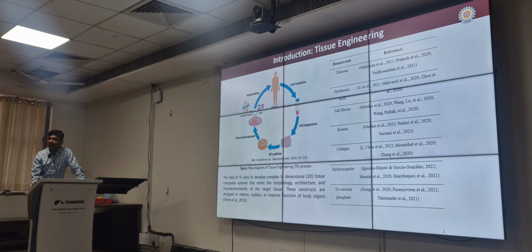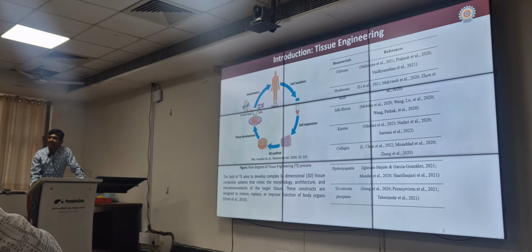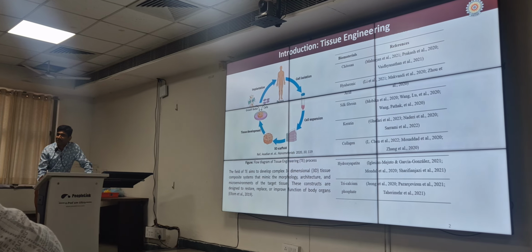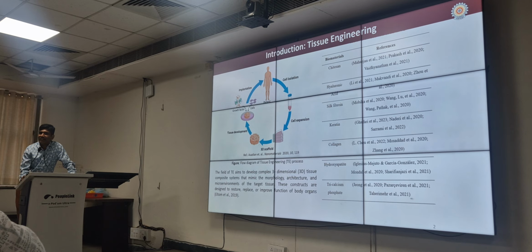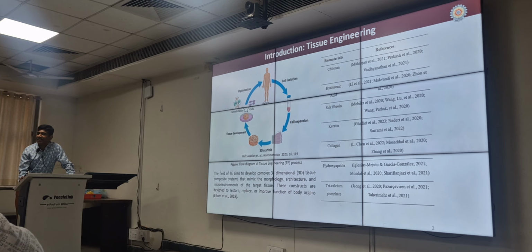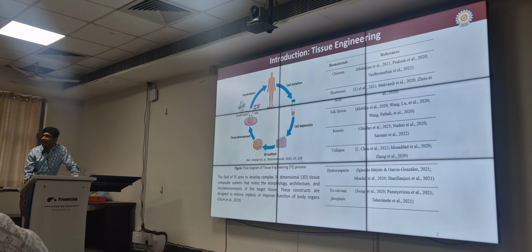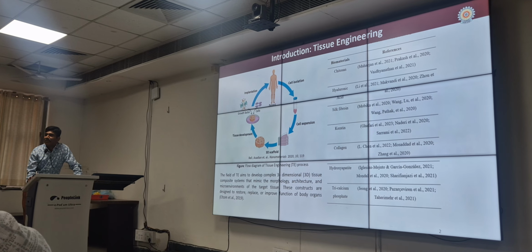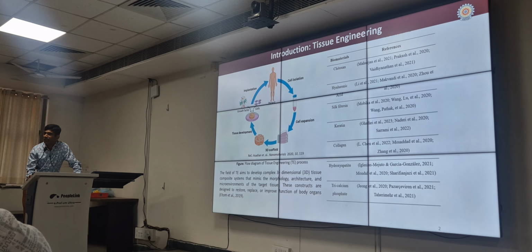For those who are not aware of what exactly tissue engineering is, here we are doing some kind of engineering so that we can regenerate tissues. Whatever tissues we have, if they are somehow damaged or require replacement, we have to make some kind of engineering so that it can replace the functioning of the natural tissues.